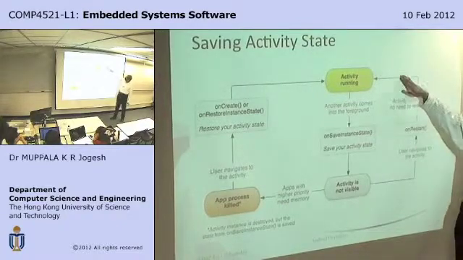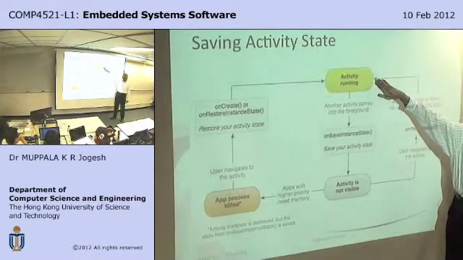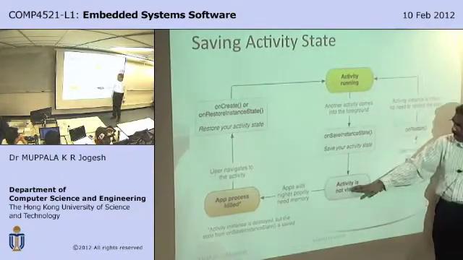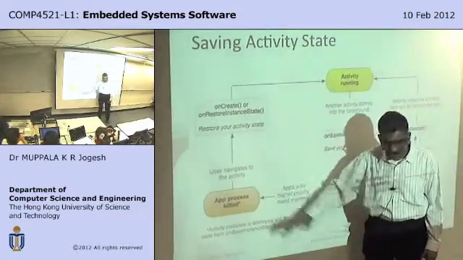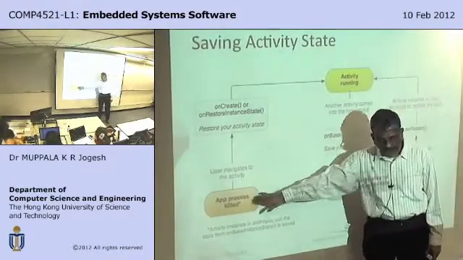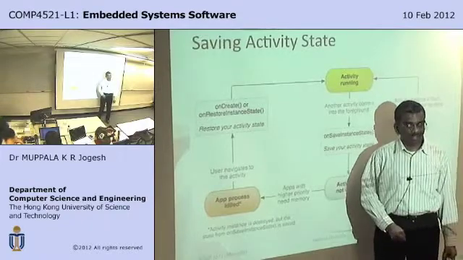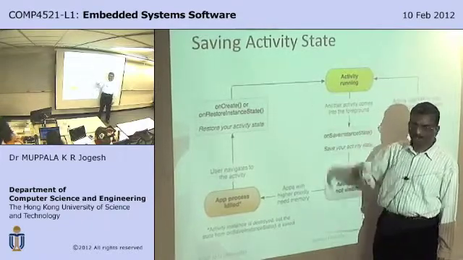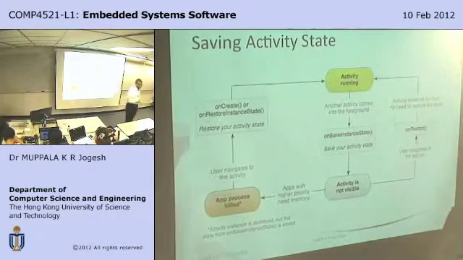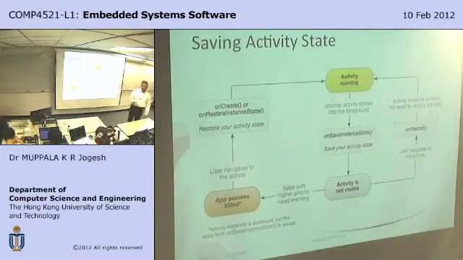If you come back through this path, there is nothing you need to do because your activity was never killed. But if the Android system decided to kill your activity because it needed to reclaim resources, your activity is gone. You want to be able to restore it in the same condition that it was before, where you left it.